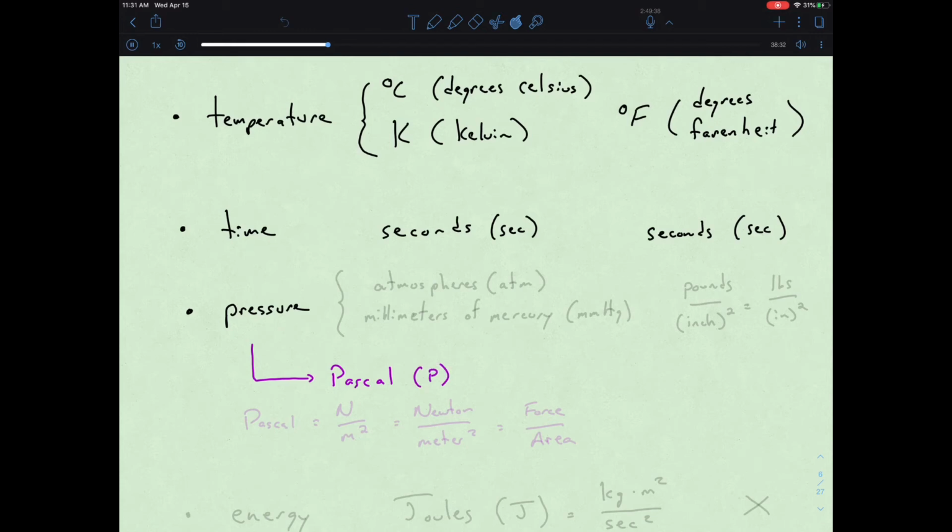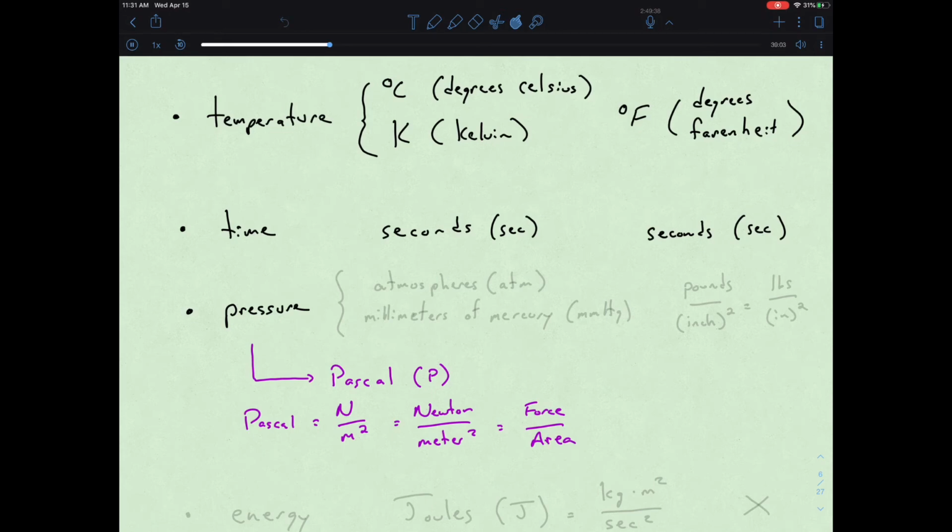Which is basically equal to a Newton per meter cubed. I'm sorry, I said cubed, meter squared. Which is a force over an area. And so that's really our definition of pressure.